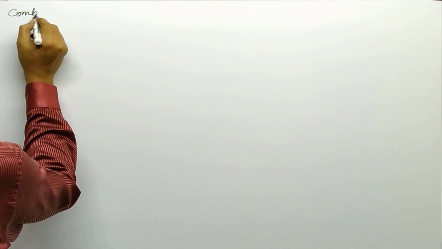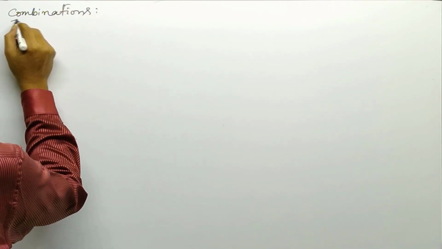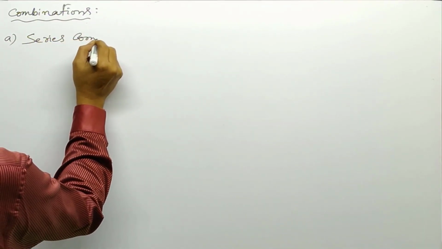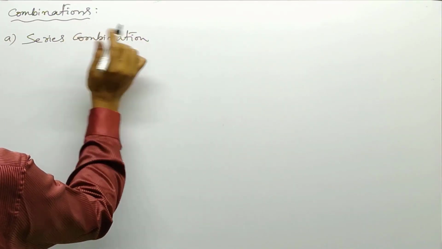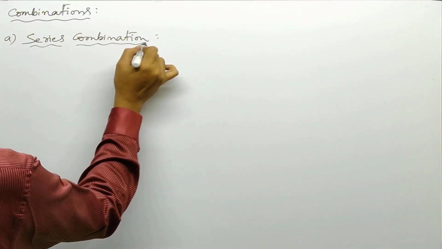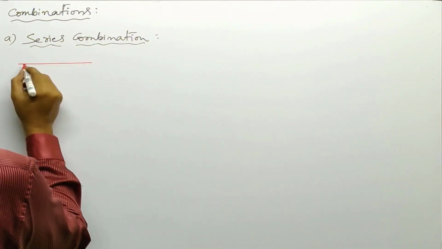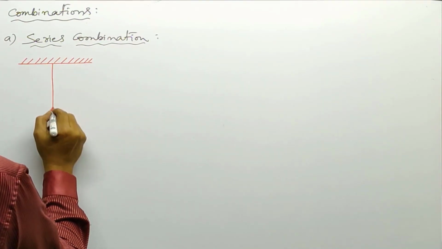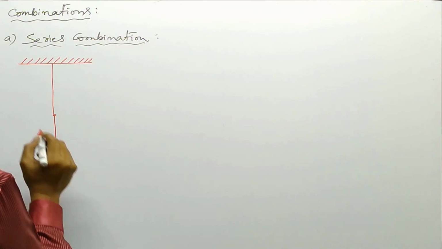Next point, combinations. First one is series combination. Series combination of two wires. Let us assume that two different wires are suspended one after the other.